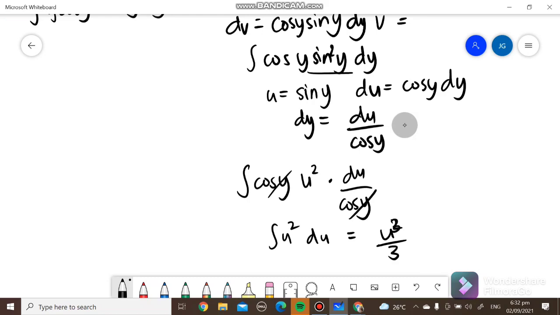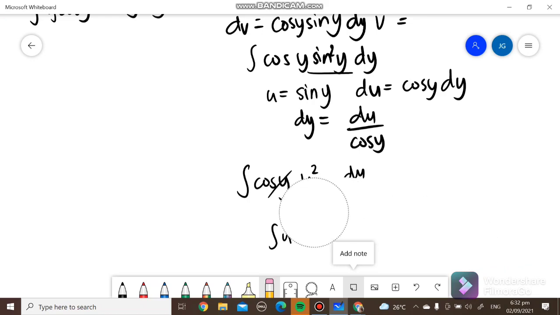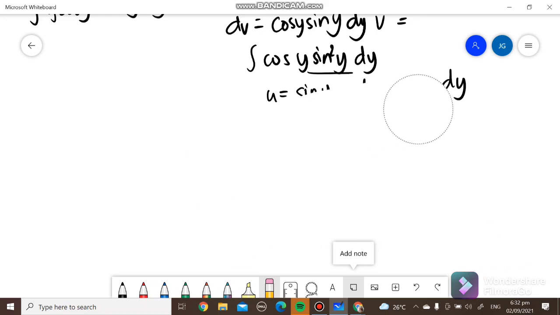So, what's the value of our u? The value is sine y raised to 3 over 3 plus c. So, that's our v value. Let me erase this part so we can continue our solution.